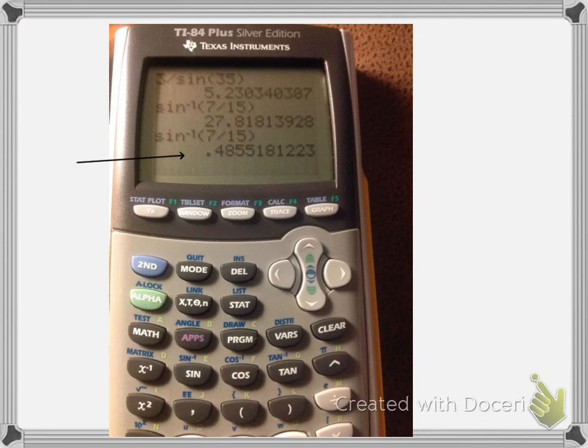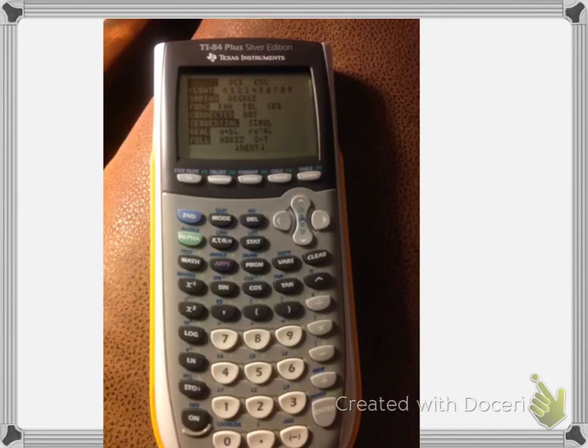What you would do is press the mode button right here, and we can see that in fact it is in radian mode right up here. So you simply want to push this arrow key down and over and highlight this degree that's right there, and just press enter, and then you'll be in degree mode and you'll get the correct answers.